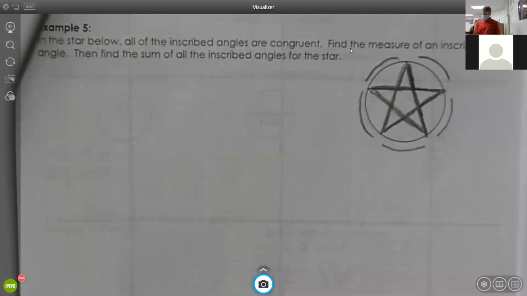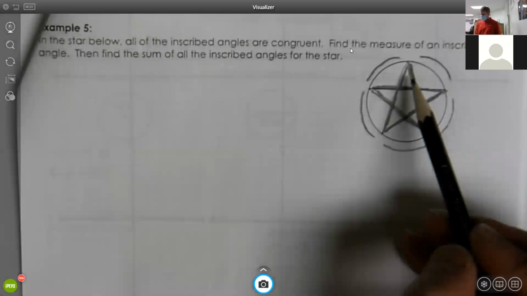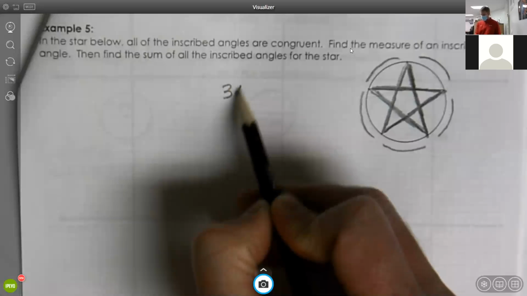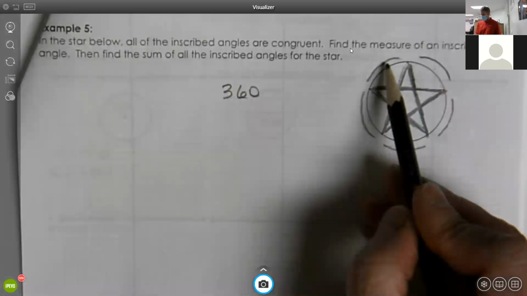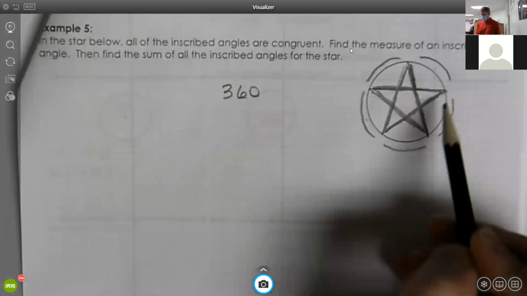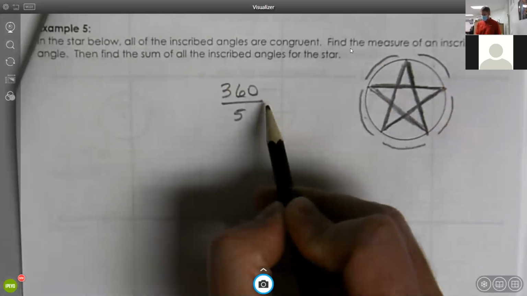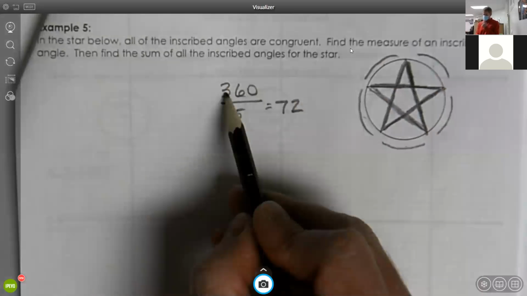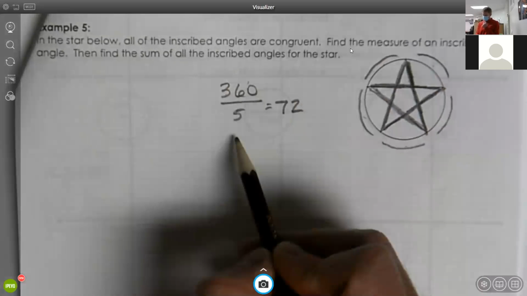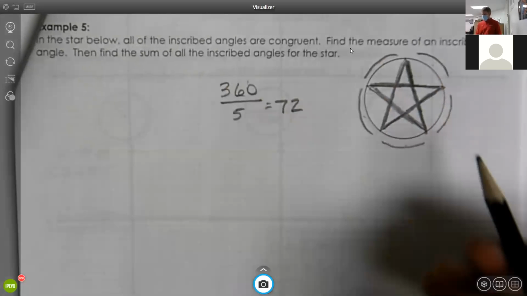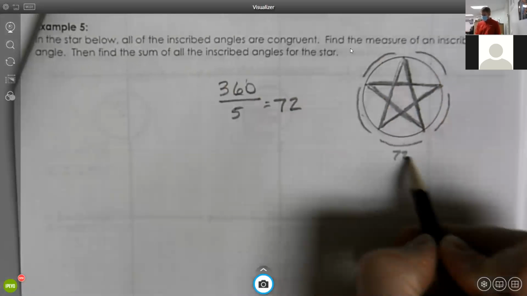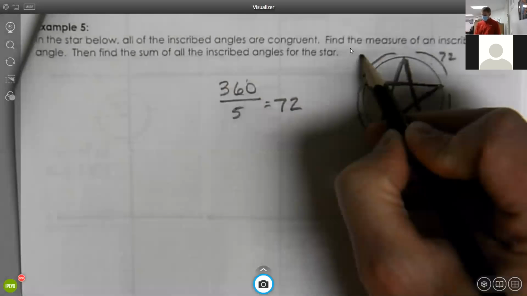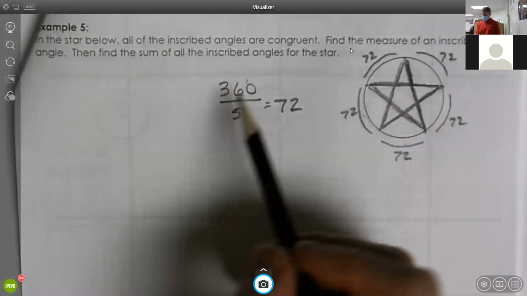So looking at the whole circle, we have 360 degrees all broken into 5 equal pieces. So 5 goes into 36 7 times with 1 left over. 5 goes into 10 twice. So every one of these would have to be 72, because remember, they told us that they were all congruent.